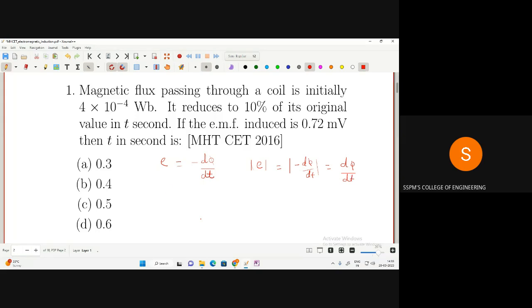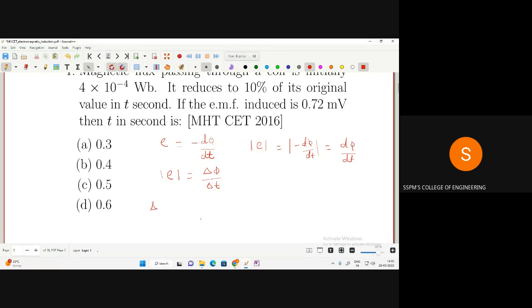You may also write the magnitude of the EMF is equal to delta phi by delta t, where delta phi is the change of flux and delta t is the time required for changing the flux from initial to final, isn't it? Now, you know the change of flux is written as phi 1 minus phi 2, where phi 1 is the initial flux and phi 2 is the final flux.